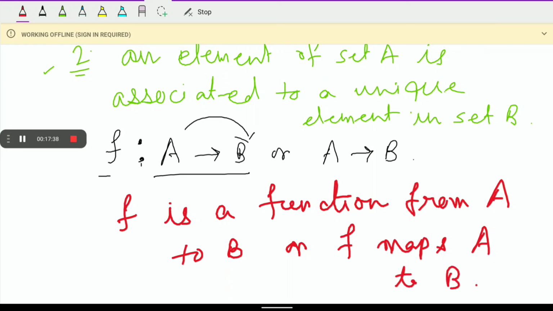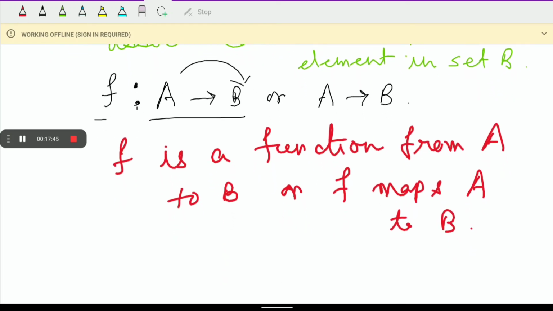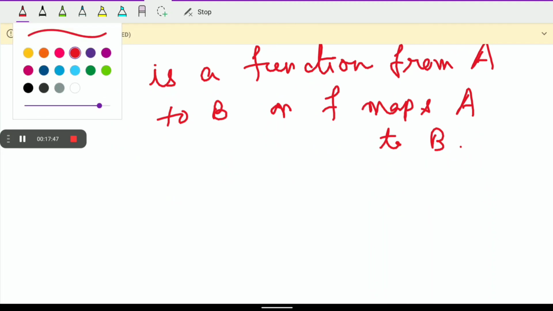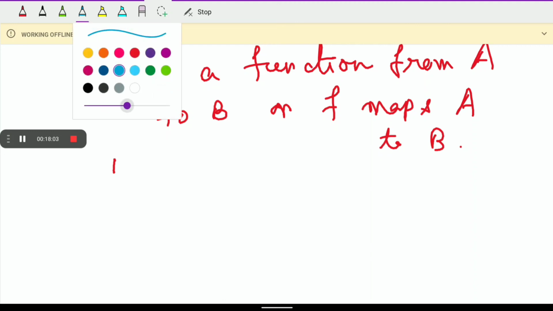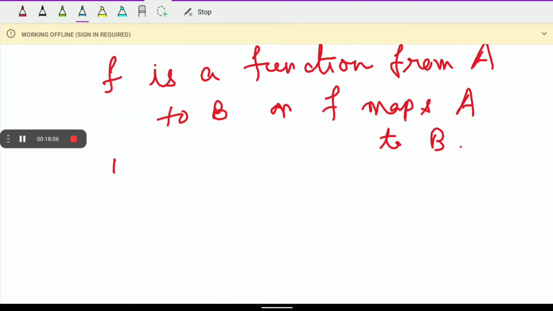And what about image? That is a big word. So let's write here; there is also a term, that is pre-image. I must write here very clearly.